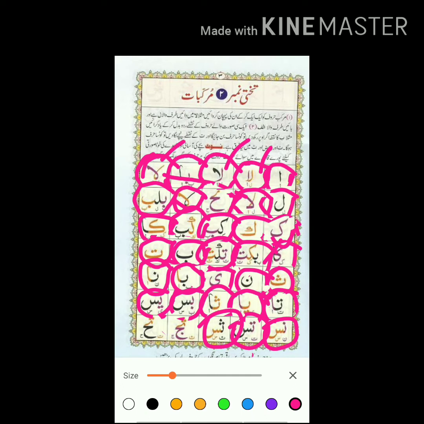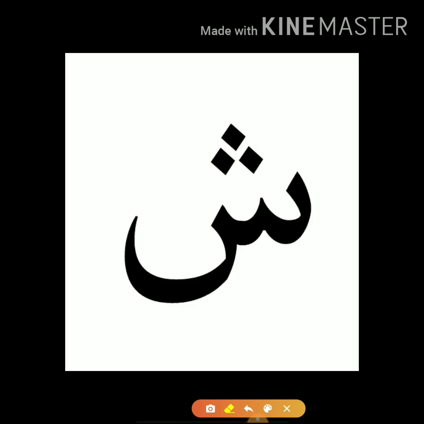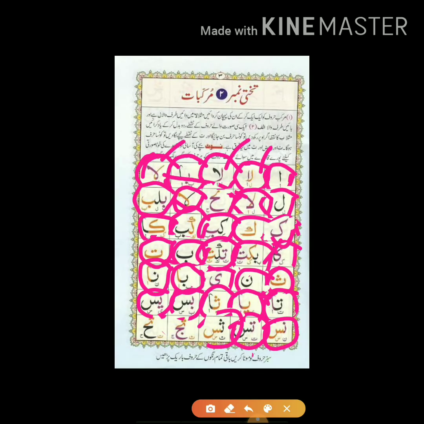Next box we have sa, sin, sa, sin. Now here you might be confused, because you must be wondering that sheen also has three dots, so why are we pronouncing it sa? Because the shape we are seeing here is not like sheen.